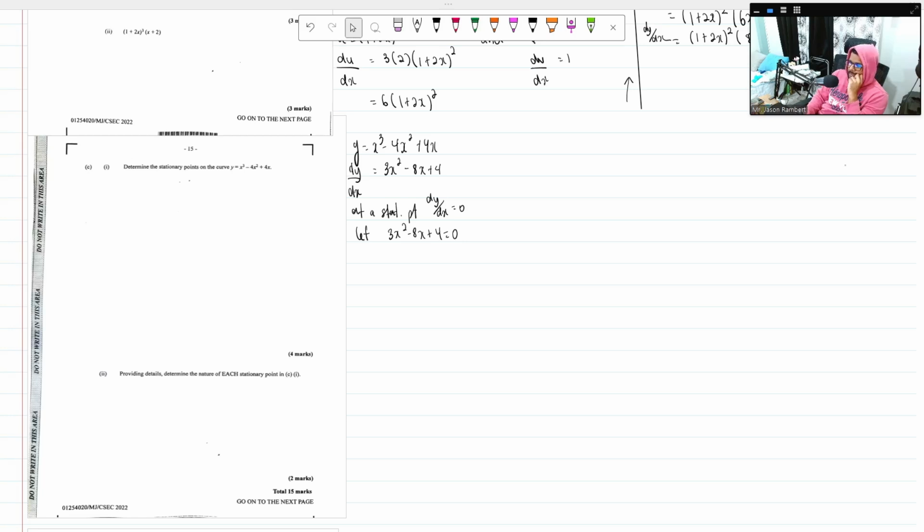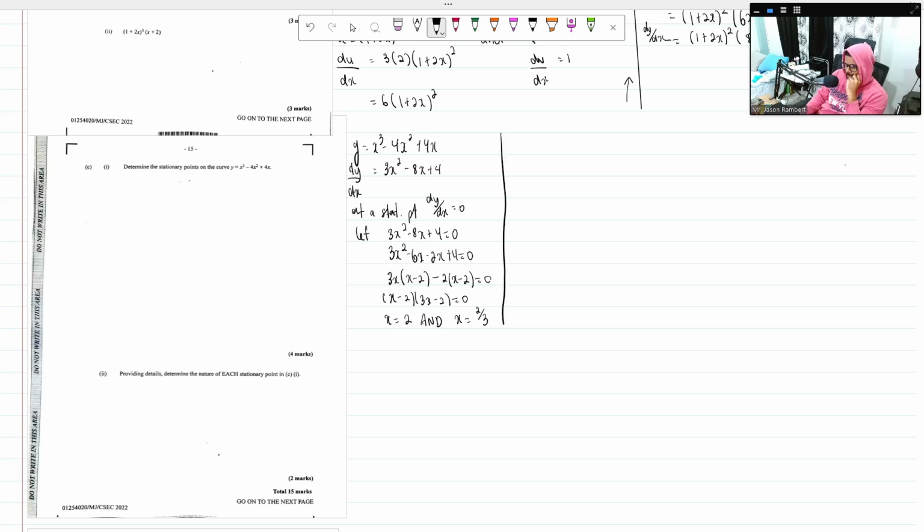Oh, minus 6 and minus 2. 3x squared minus 6x minus 2x plus 4 is equal to 0. 3x into (x minus 2) minus 2 into (x minus 2) is equal to 0. I got (x minus 2) into (3x minus 2) is equal to 0. I got x is 2 and x is 2/3.